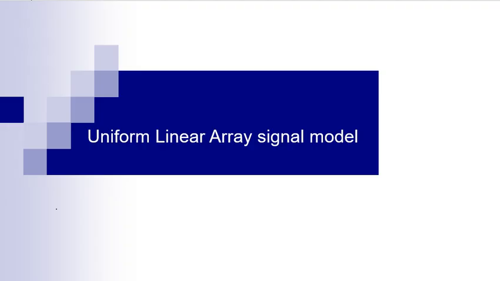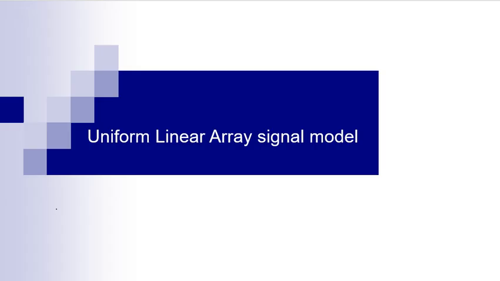In array signal processing, you have some sensors, for example, some antennas or some microphones, and based on these sensors, you try to sense the space and you can do spatial processing.